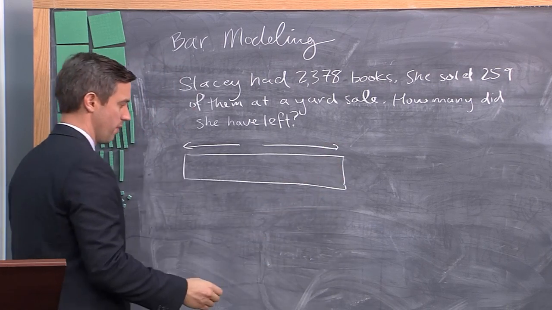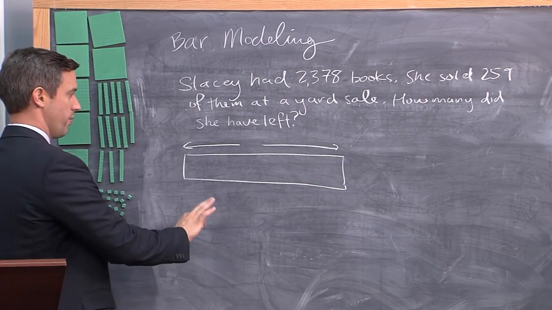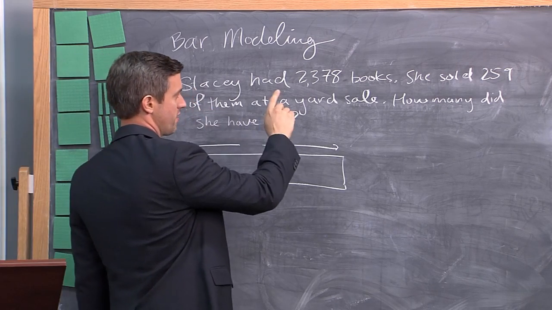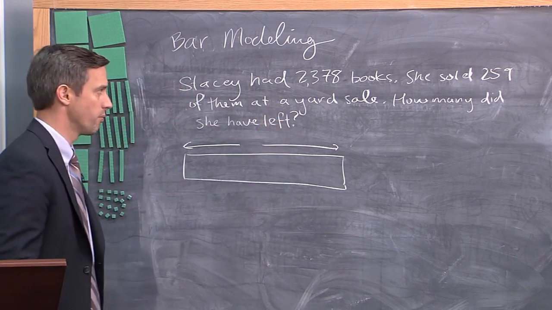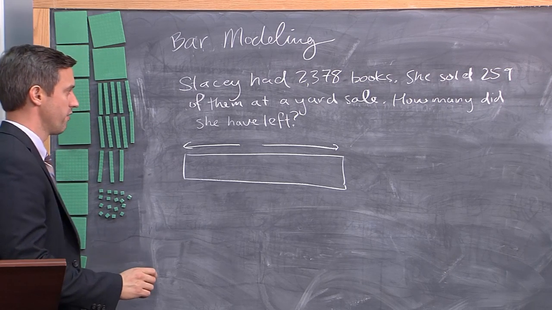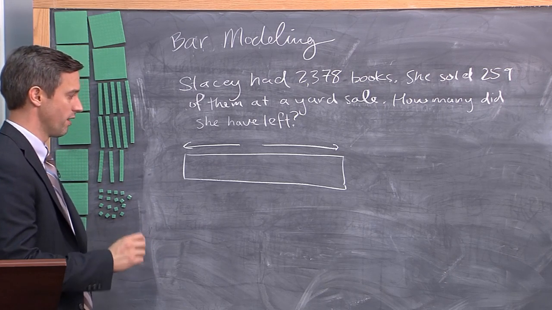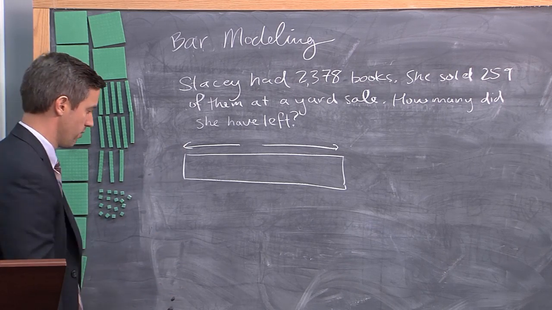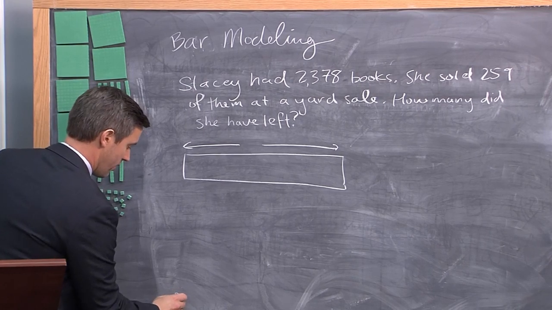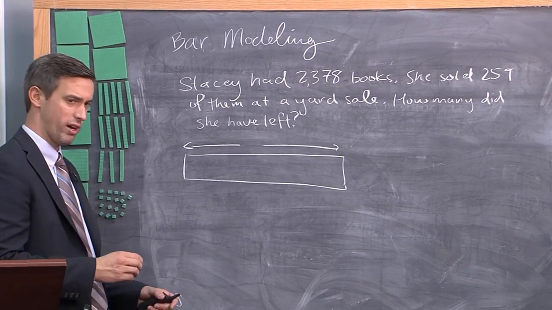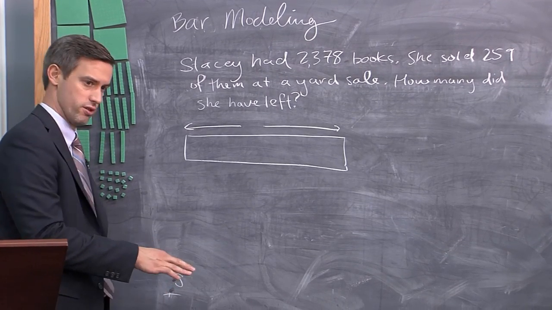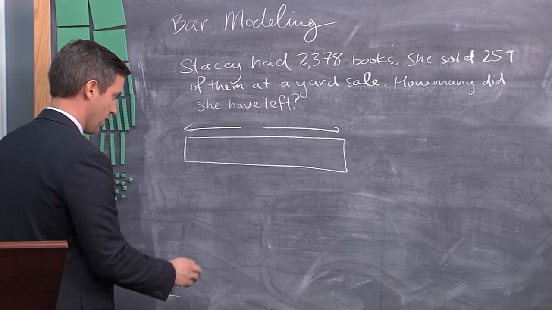or I guess I should back up for a second and reiterate what I just did moments ago. You read through the whole problem. Stacy had 2,378 books. She sold 259 of them at a yard sale. How many did she have left? After we do that, remember, we come down to our sentence. We write our sentence. I want to reiterate that following this process really gives structure to some students in approaching word problems.